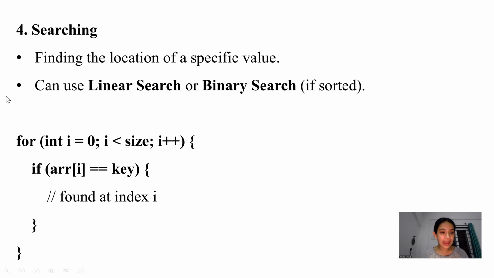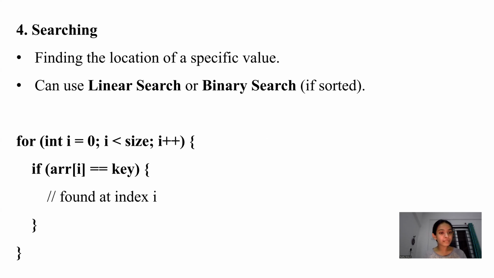And the code that we have here is for int i = 0, i less than size, i++. If array[i] is equal to key, then the particular value is found at the particular index.